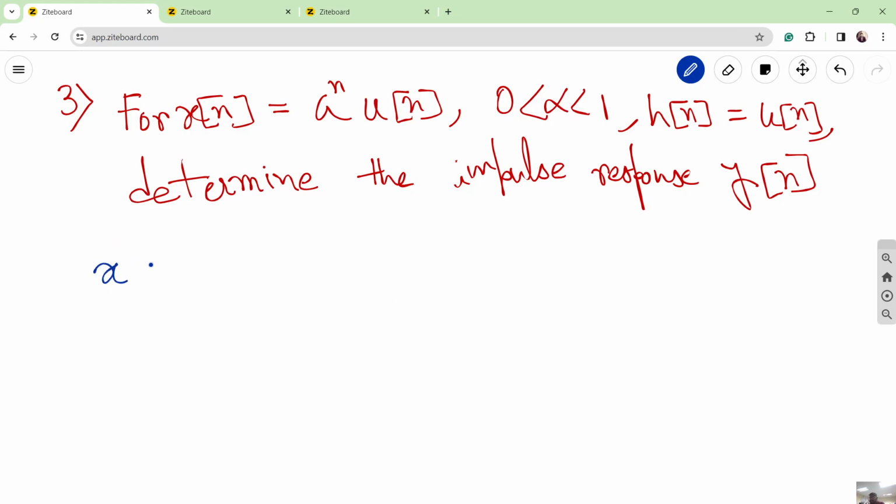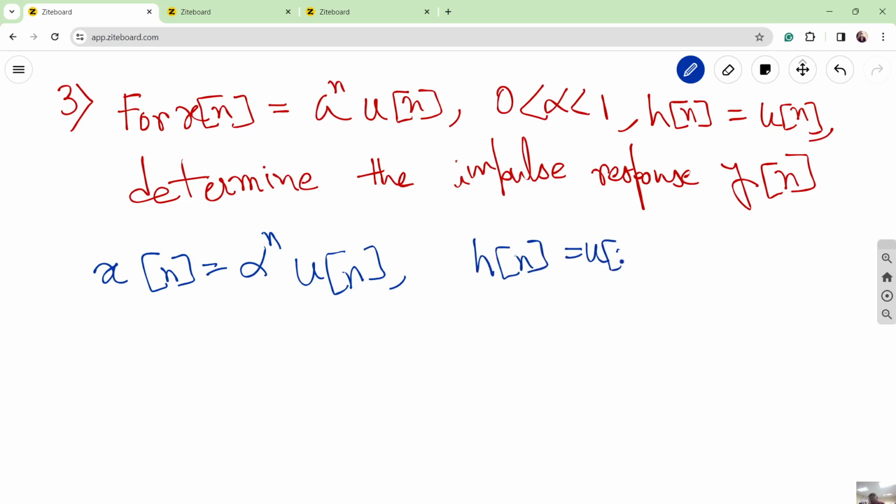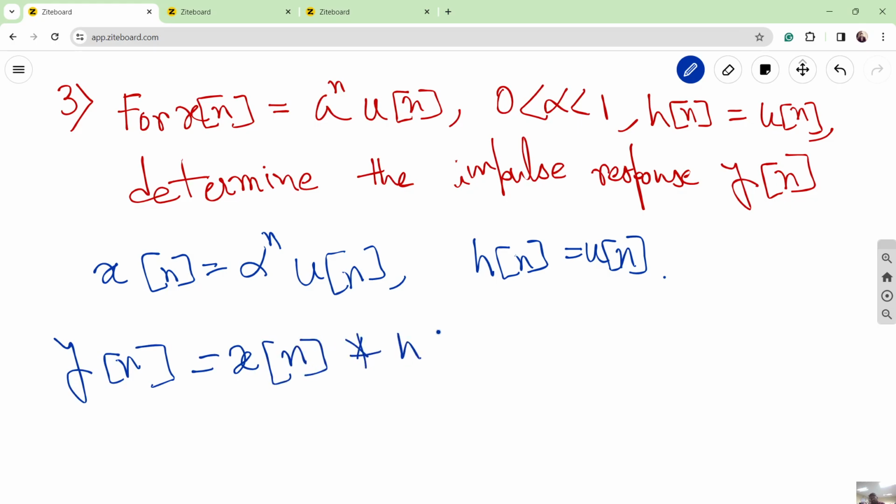So x of n equal to alpha n un and h of n equal to u of n. Y of n will be x of n convolution h of n.